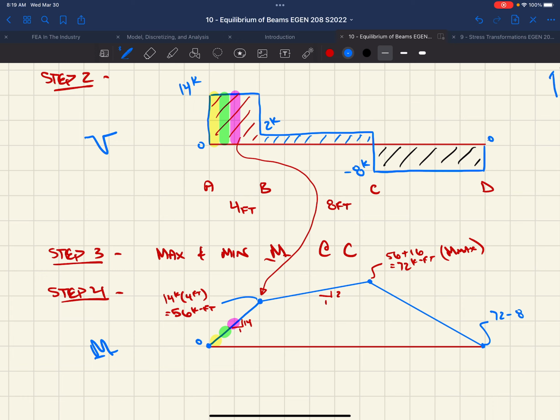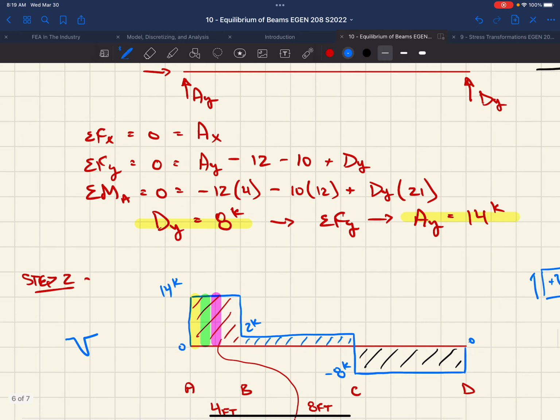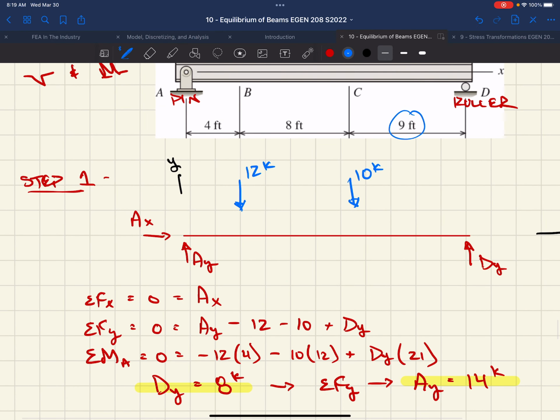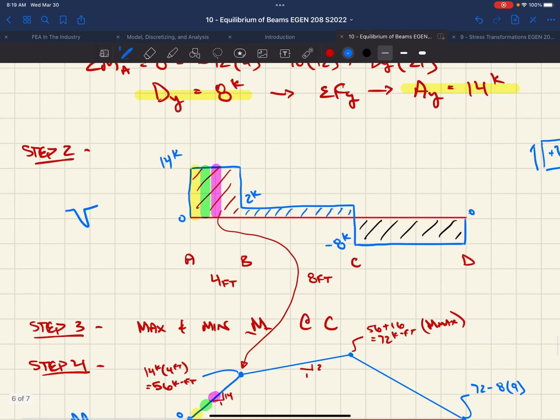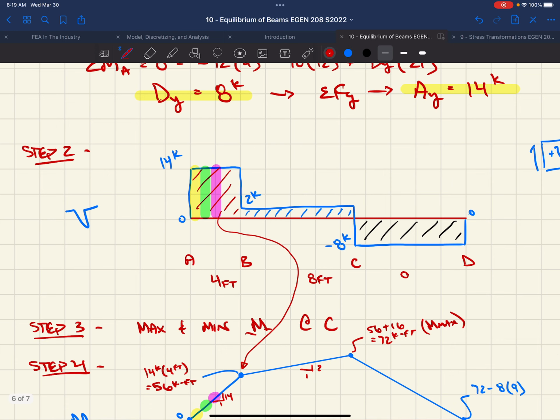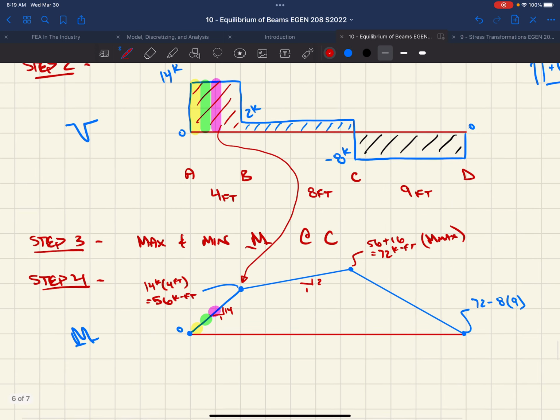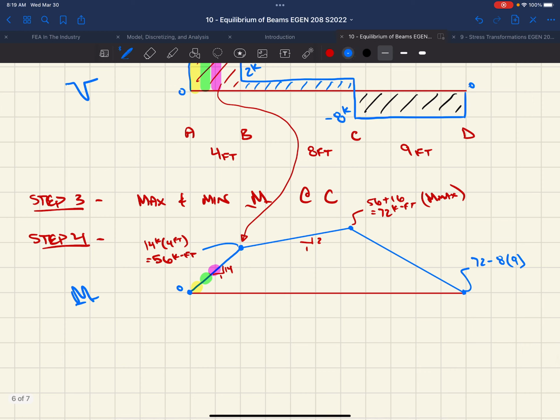Minus 8 times 9. That's our distance to the end, was 9 feet. So this is 9 feet. 8 times 9 is 72. Well, lo and behold, we have 0 kip feet at the end of our member, right?